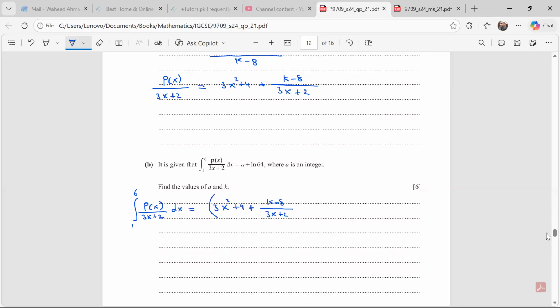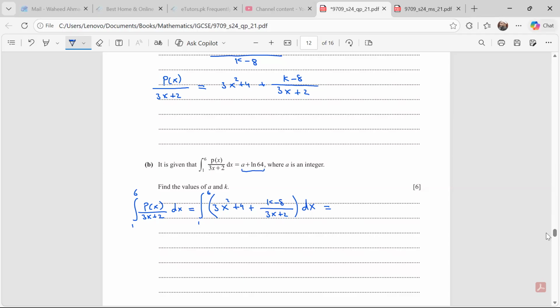I will integrate this whole thing from 1 to 6 dx, and then equate it to a plus log of 64. So that we will do it later. First let's try to integrate this part.